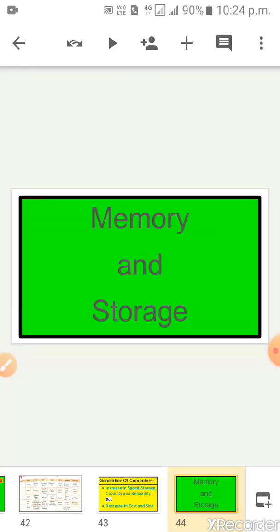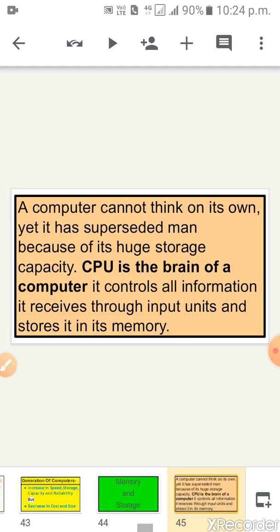After studying the evolution of computer, let's go on to learn about memory and storage. Children, you all know a computer cannot think on its own, yet it has superseded man because of its huge storage capacity.